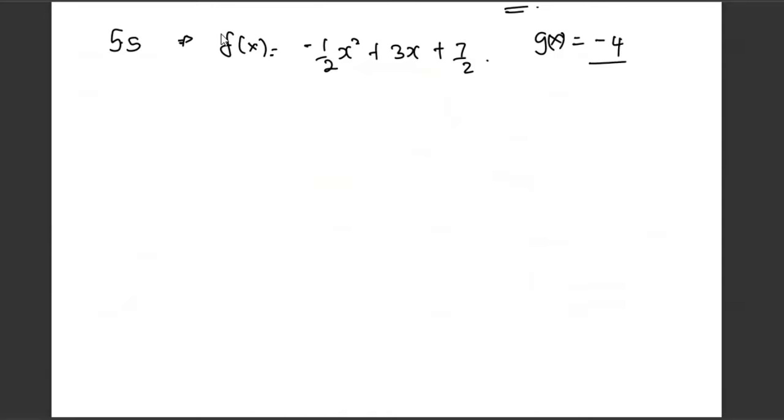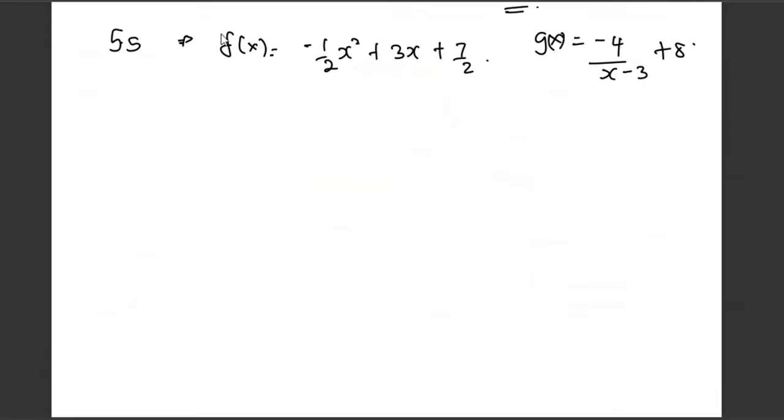Okay, so with 5.5, the first equation, f, is negative a half x squared plus 3x plus 7 over 2. And the g of x that we were given is negative 4 over x minus 3 plus 8.